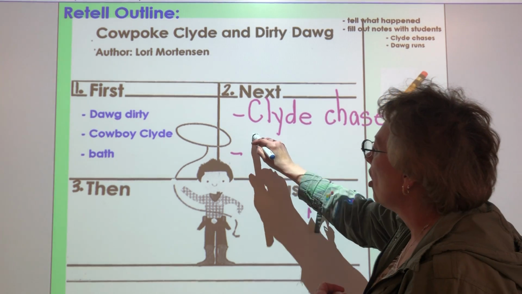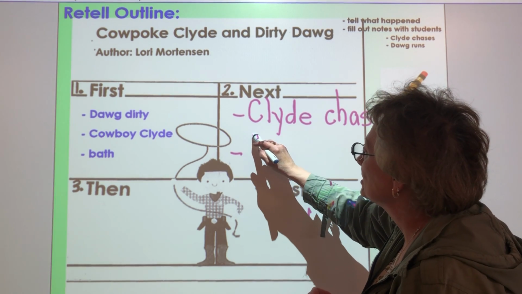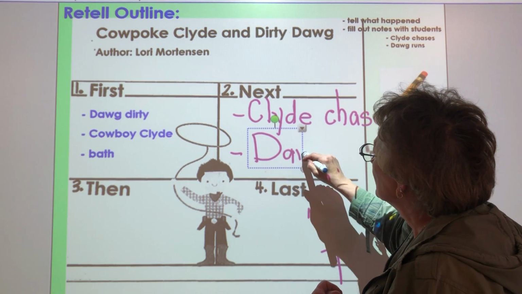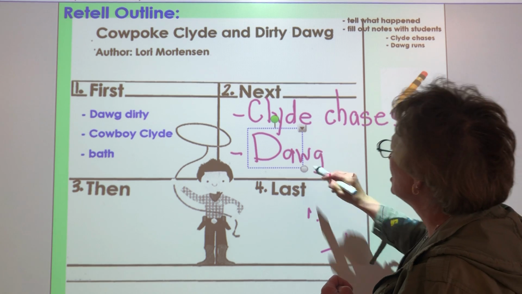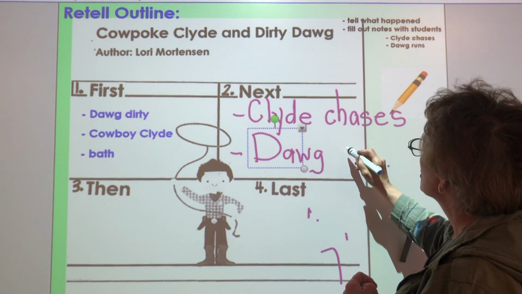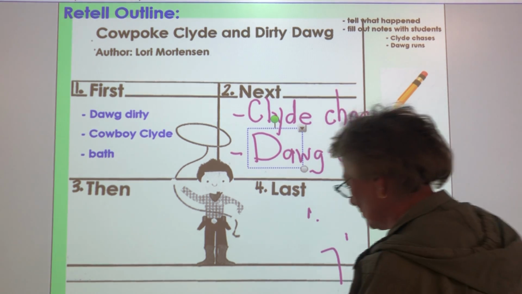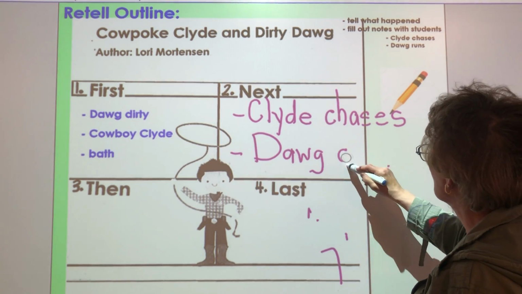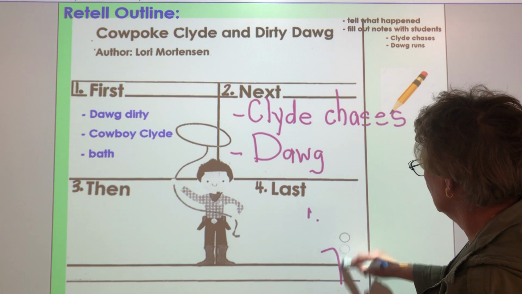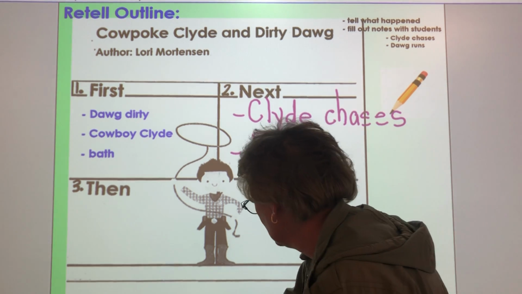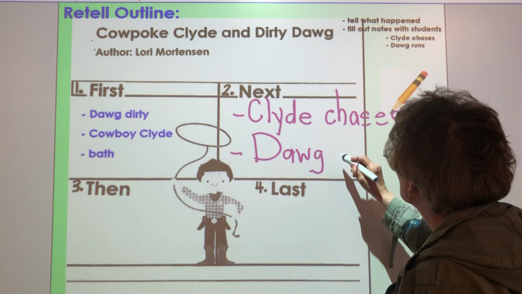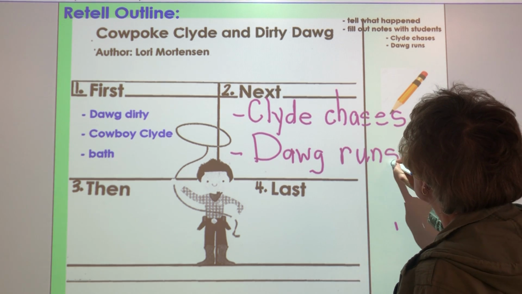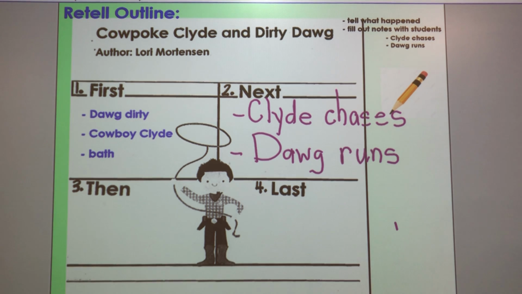Another tick, Dog, and I'm going to spell it the way it was spelled in the book. Capital D-A-W-G, chases, runs, sorry. Dog runs, R-U-N-S. Thank you to the people that knew we were going to write runs, and they did it.